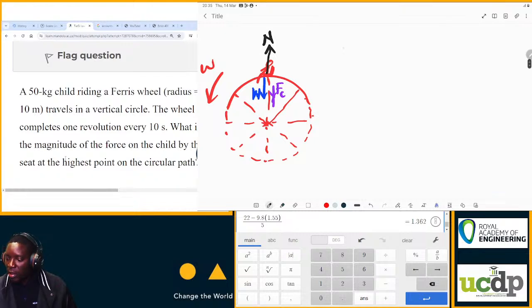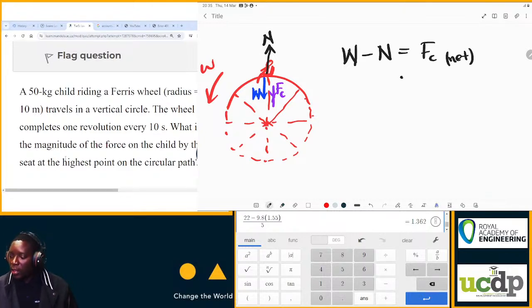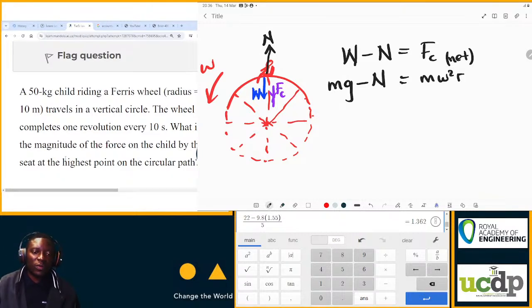Constructing equations would mean W minus N is equal to Fc, the net force. And this net force is m omega squared r. So W is the mass of the child times gravity, and N is the normal, which is the force that we need to find, the force acting on the child by the seat.